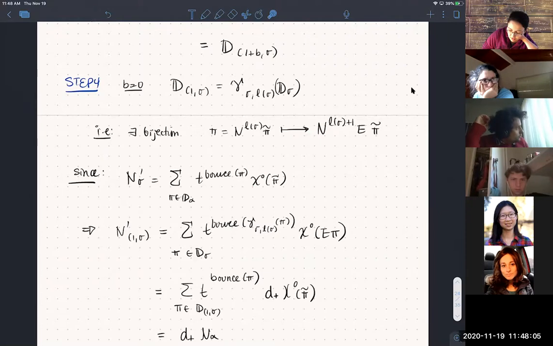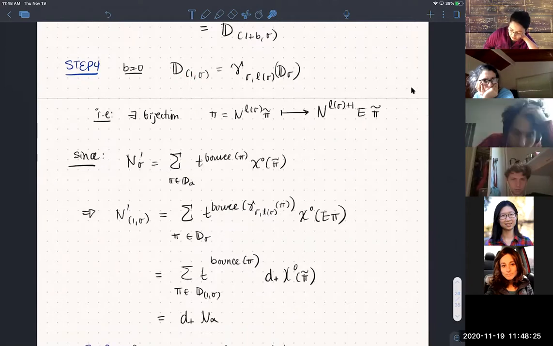Chi 0 of pi basically becomes east of pi because that's exactly what you're doing to the dict path. You're adding an east step. The indexing set then passes from being here to being here, because we're applying our map gamma, right?